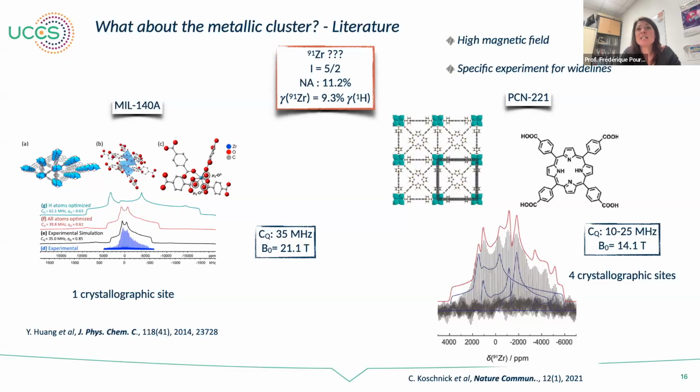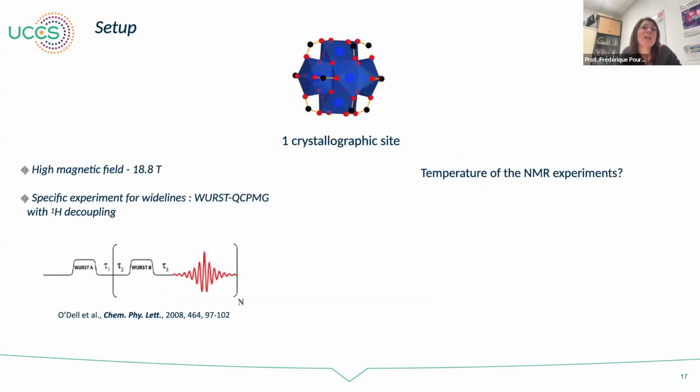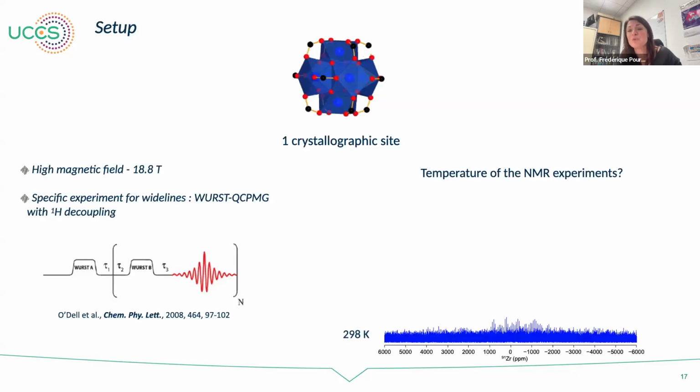So in the UiO-66 we have only 1 crystallographic site. What we've done is we used the 18.8 Tesla, so the 800 megahertz, and we used the VUS-QCPMG experiments with proton decoupling. We did the experiments for 24 hours at room temperature, and we didn't get any signal.